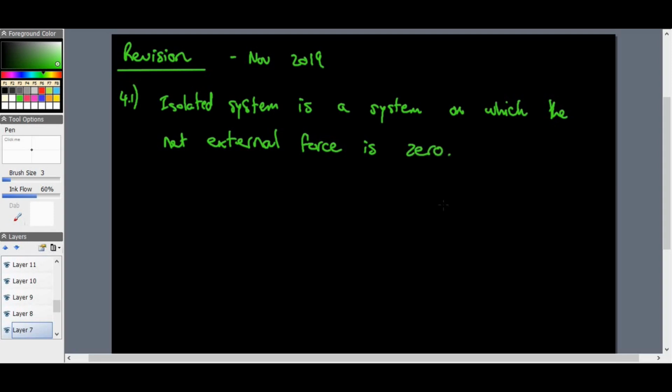It's all equal to 0. Or what you could say, an isolated system is one that has no net or no external force acting on it. In other words, there's no outside interference. It is purely isolated.